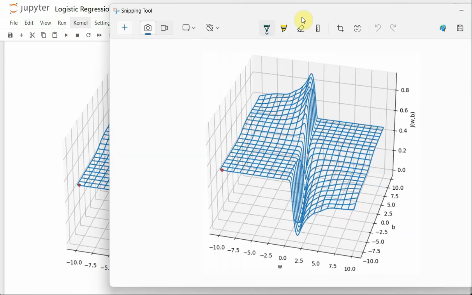You see that the function is changing drastically across parameters w and b, which we have seen already using the slices, and we also can see a lot of local minima regions like this.